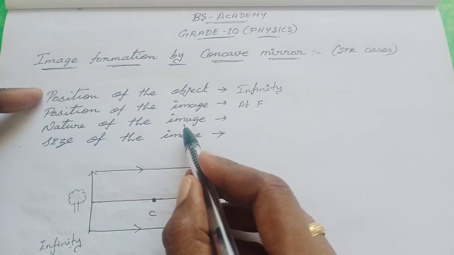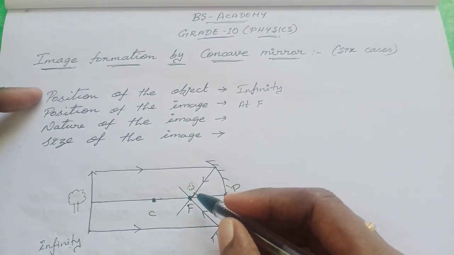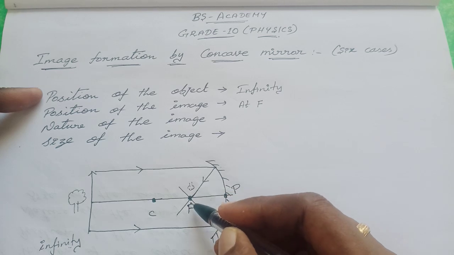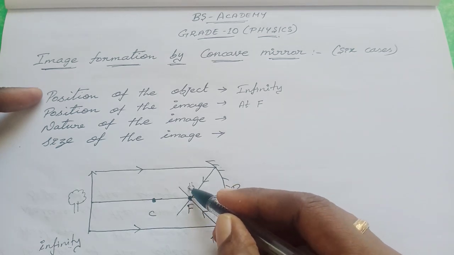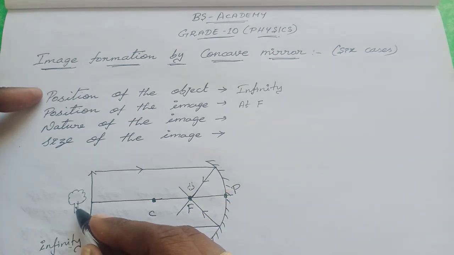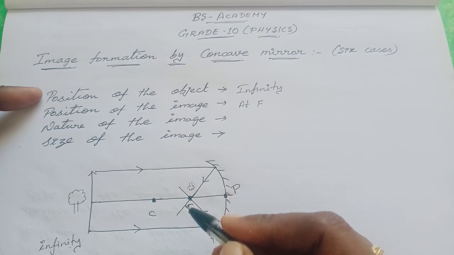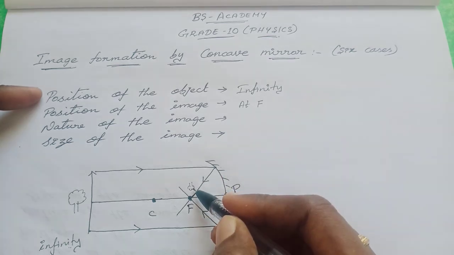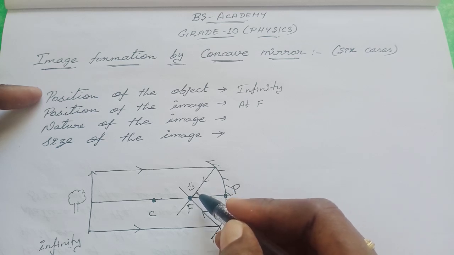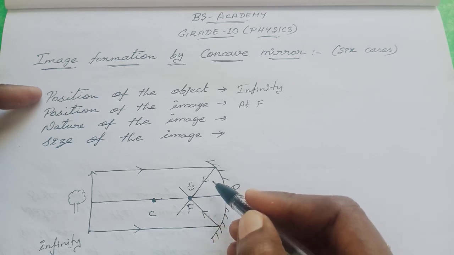And what will be the nature of the image? I told you that when the screen is placed at this point F, we are able to see the inverted image of this object. So it means this image is obtained on the screen. We already know that when an image is obtained on the screen, that image is called a real image.